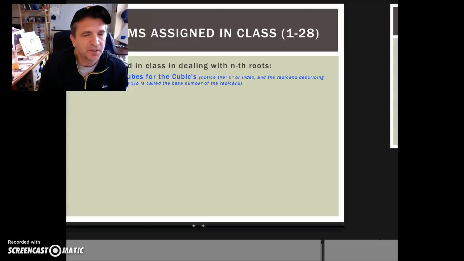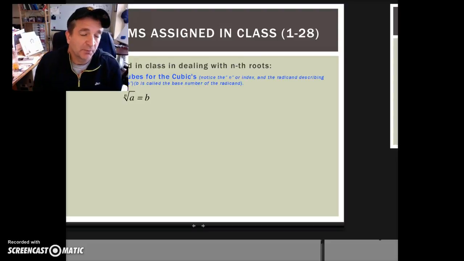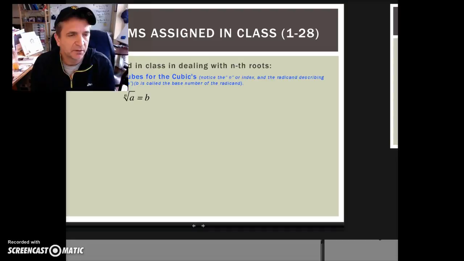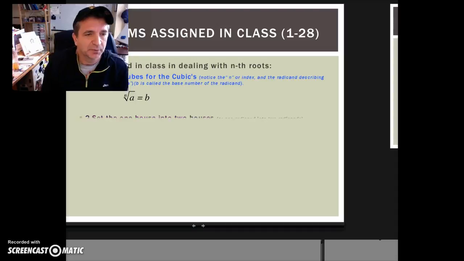In other words, look for cube numbers in the cube roots. Notice the n, or index, and the radicand, describing the root number a, and b is the base number of the radicand. So I proposed this symbolic representation of a to the subscript n, or the nth root, to give me a base number.